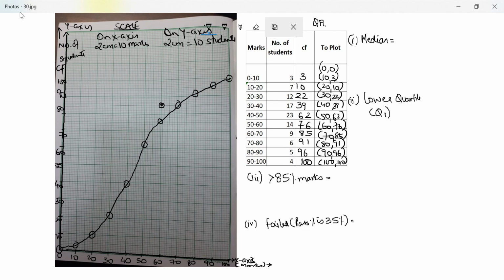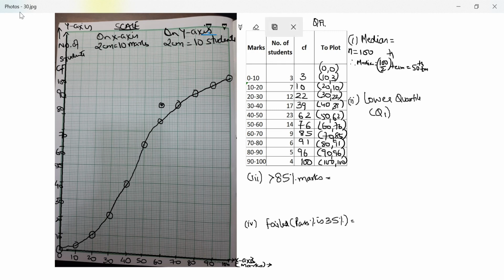They say median. In this case n is equal to 100. Therefore median is the 100 upon 2th term, which is the 50th term. Now which is the 50th term?